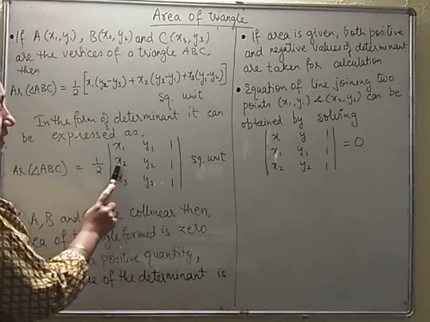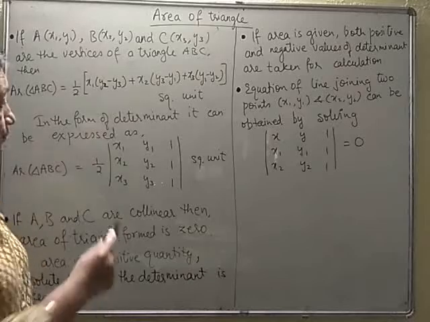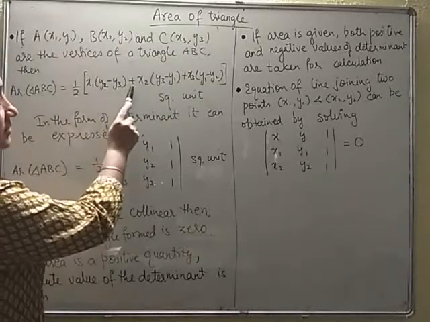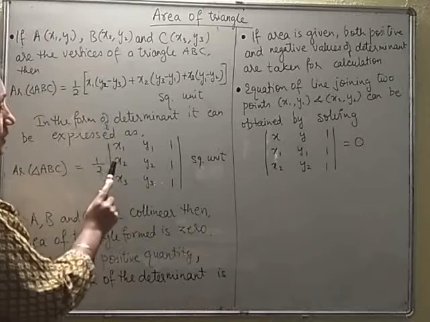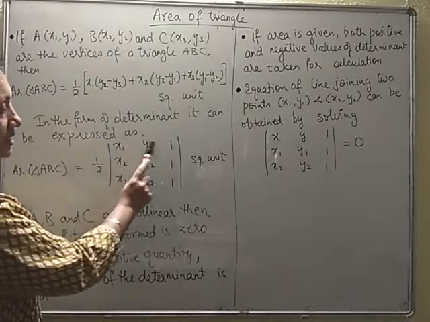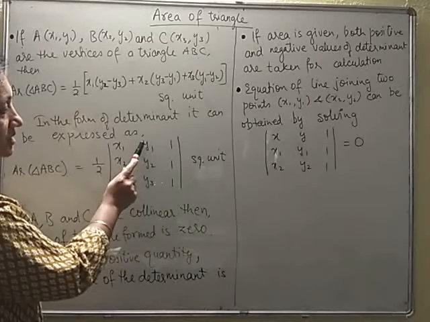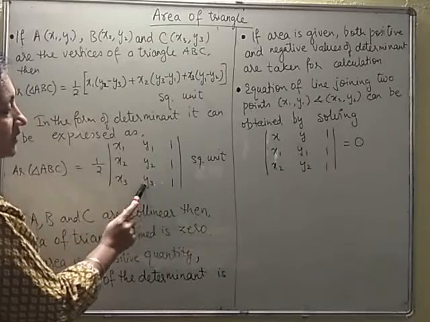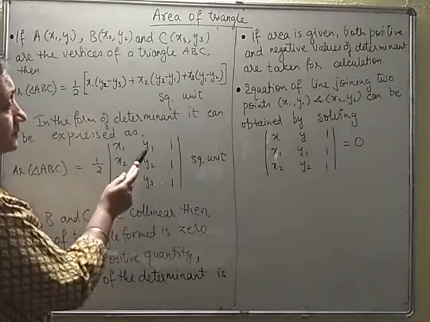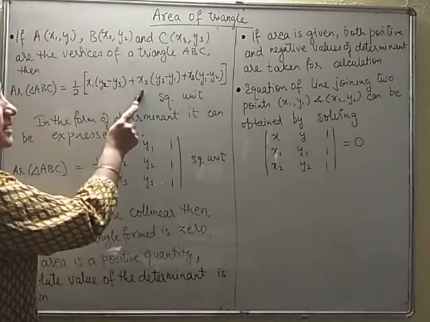Then when we move to the next term, its position is 2, 1. Second row, first column. So obviously this x2 will multiply with minus 1. So I will have minus x2. Hiding the row and the column corresponding to it, these are the 4 elements we are left with. So let us solve this determinant. It will come out to be y1 minus y3. See, this is y3 minus y1. We are getting y1 minus y3. Moreover, we have minus x2 here.